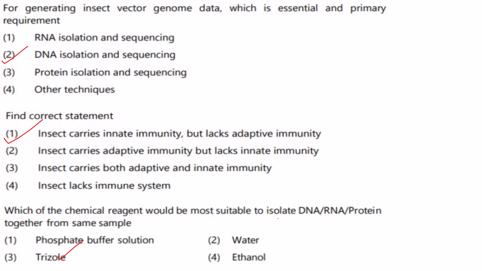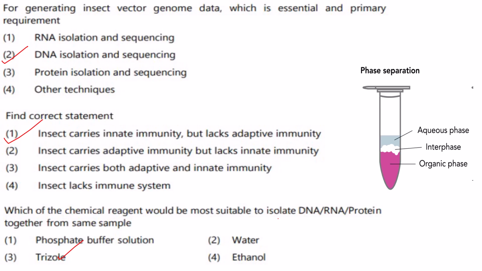So suppose you are isolating it from a leaf sample, you homogenize the sample by adding TRIzol reagent. Then after that you add chloroform and you can see the phase separation. So on top you have got the aqueous phase and it contains your RNA.